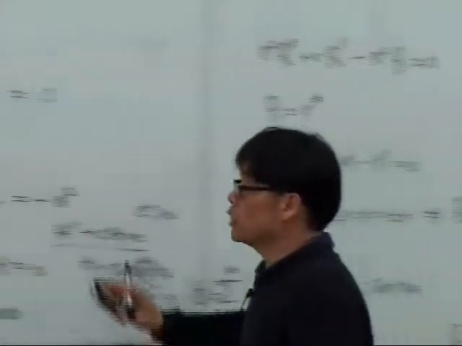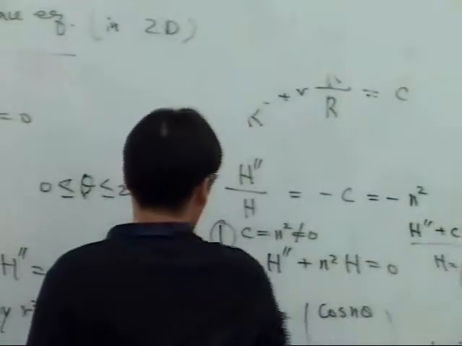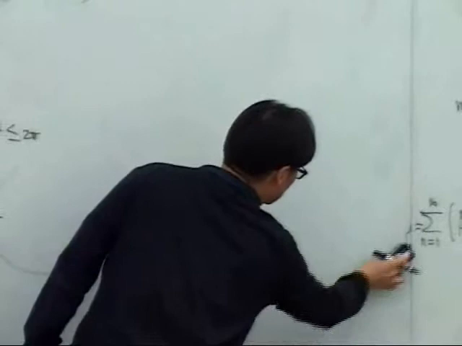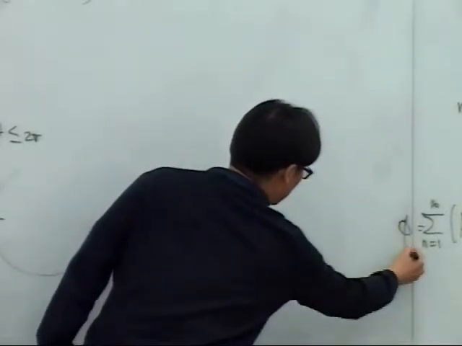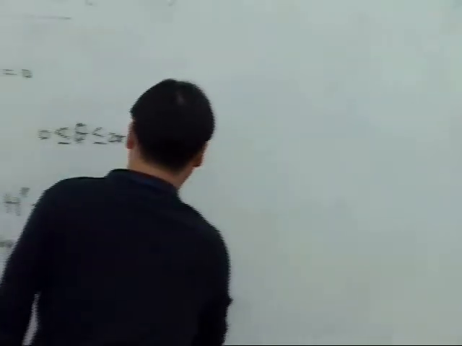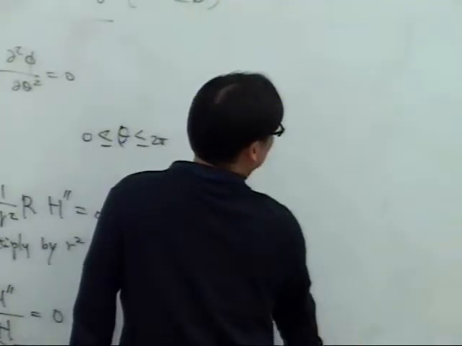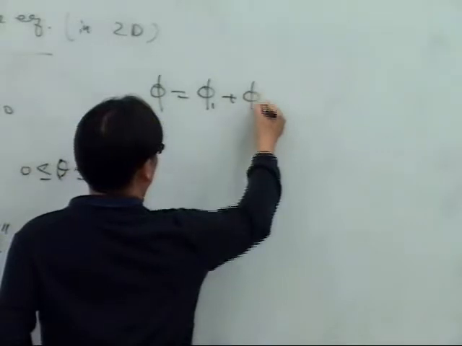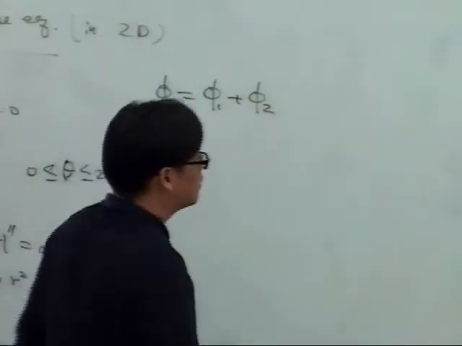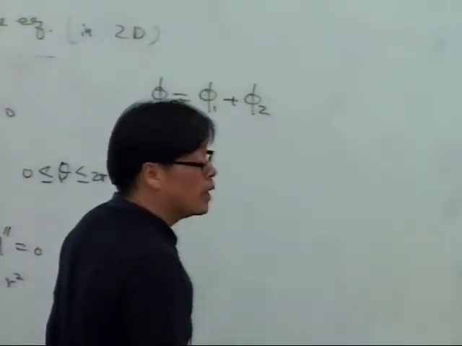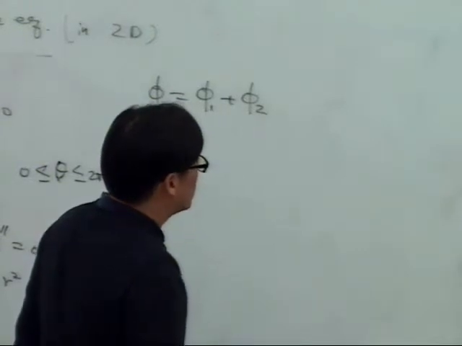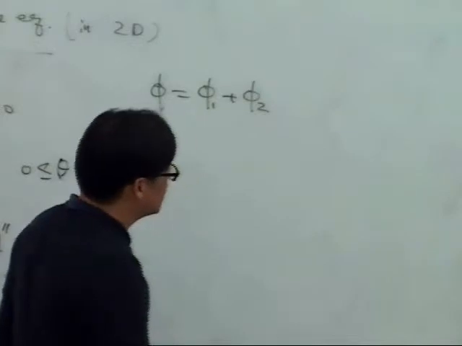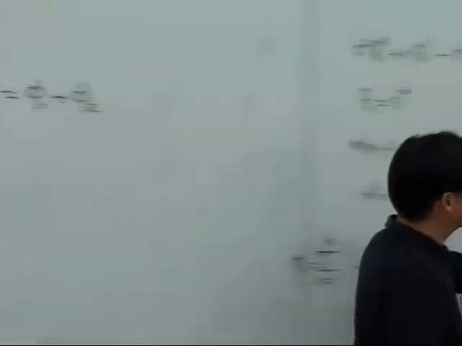And the most general solution is, so this one I call phi 1. So the most general solution phi is phi 1 plus phi 2. Okay? So that plus this.